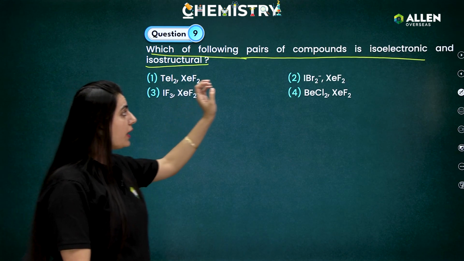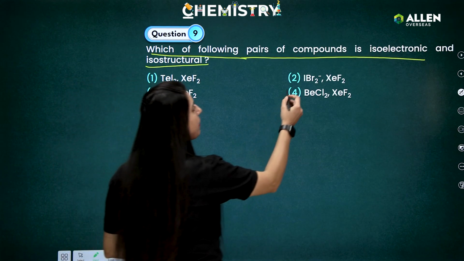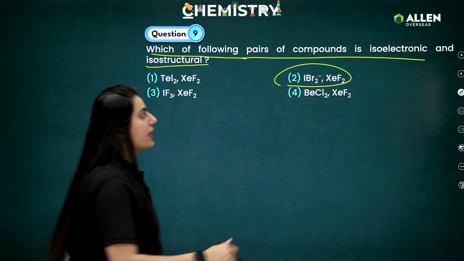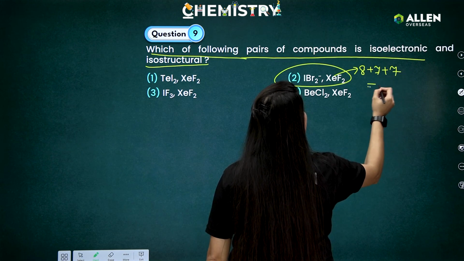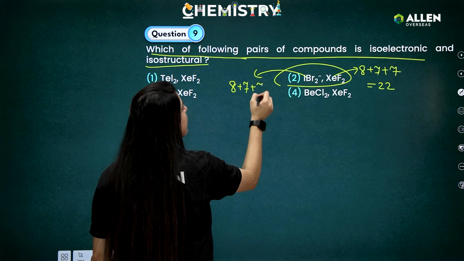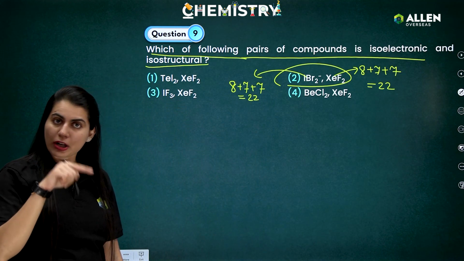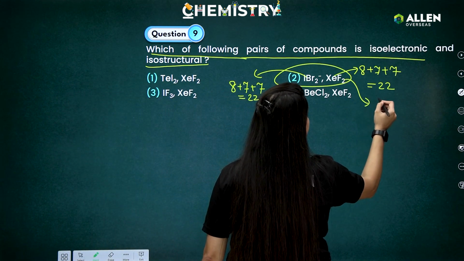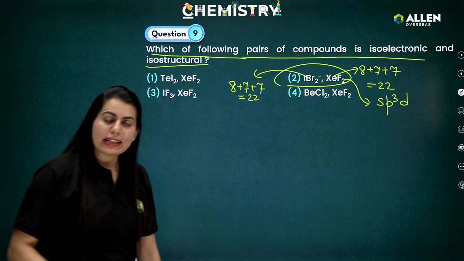Here, I can see that the total number of atoms is the same in this particular case, that is 3 and 3. Valence electrons, if I see, that is 8 plus 7 plus 7, which is 22. 8 plus 7 plus 7, that is again 22. So that is also the same here. If I talk about hybridization, XeF2 is sp3d and linear in shape.